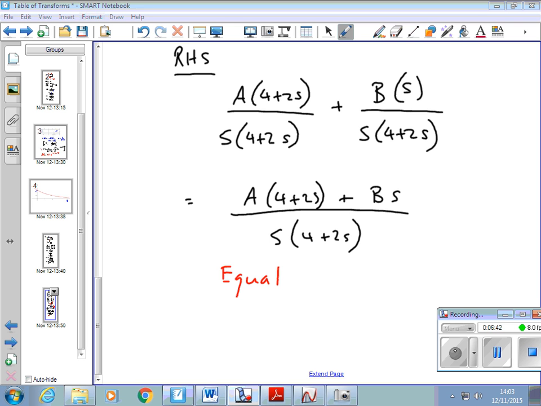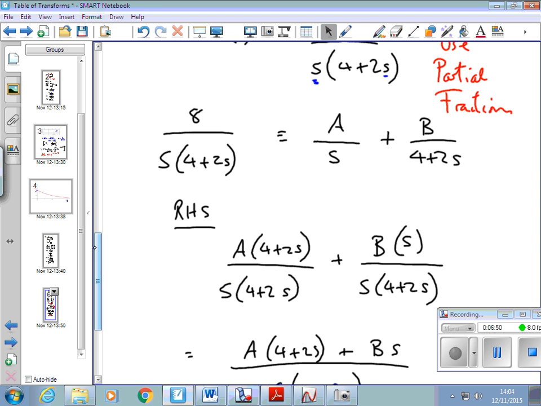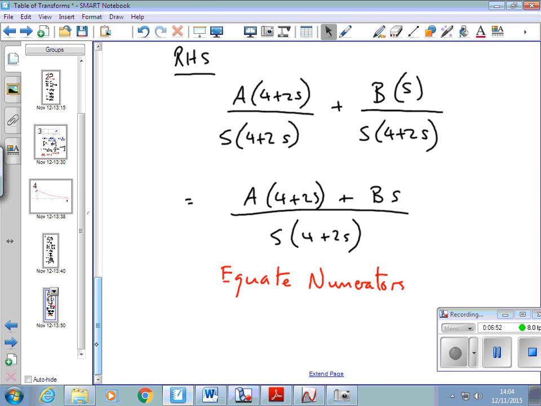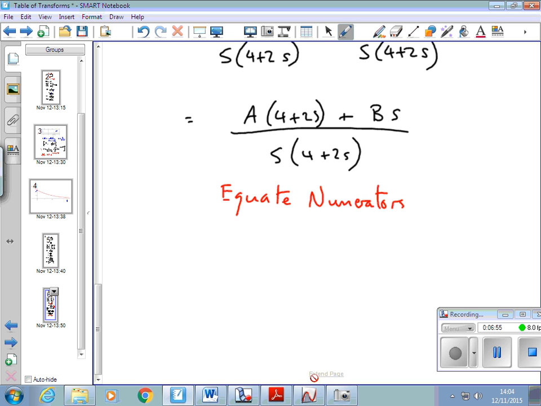Equate numerators. So if we look at the left hand side up here, 8 equals A times 4 plus 2S plus BS.